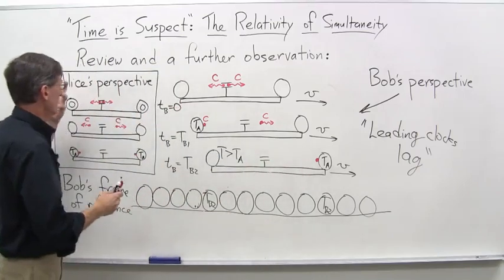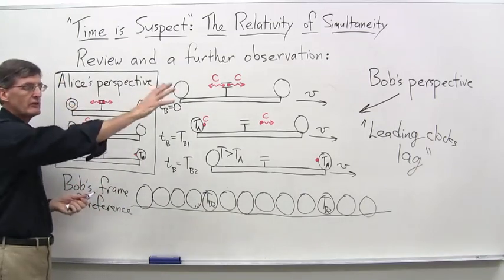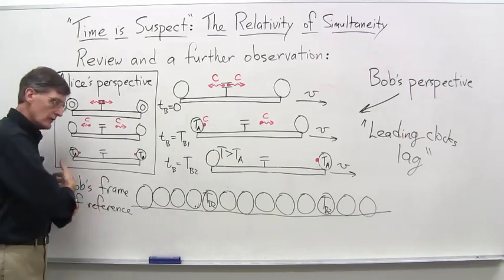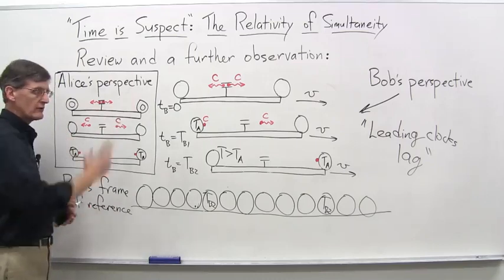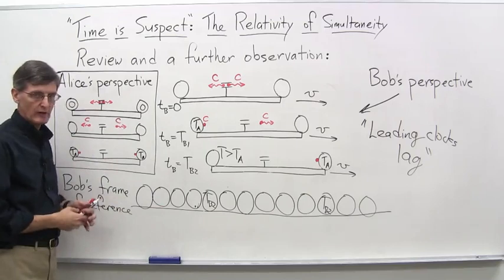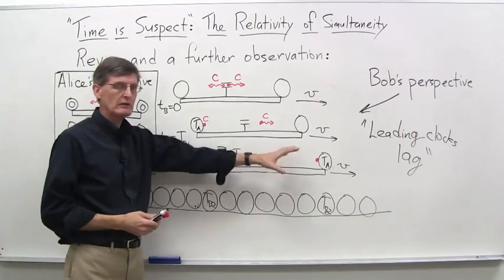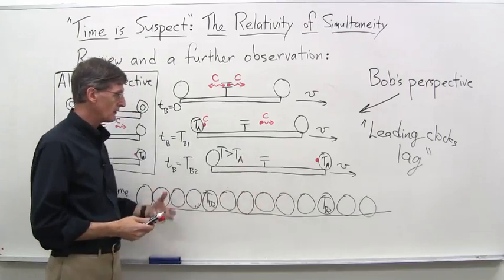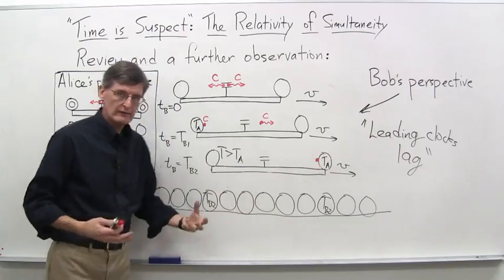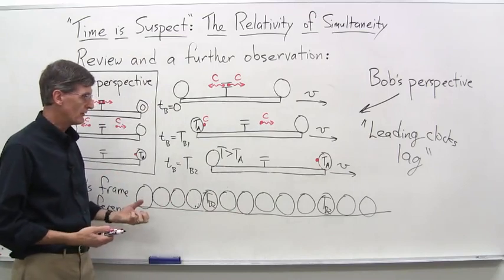Okay, so a review of this first real aspect of weirdness we get, the relativity of simultaneity, the relativity of clock synchronization. Bob synchronizes his clocks, Alice synchronizes her clocks, but Bob thinks Alice has messed up. Alice thinks Bob has messed up in terms of his clock synchronization. And this idea that leading clocks lag is really a result of this whole idea that simultaneity is relative, synchronization is relative, absolute time cannot be defined.